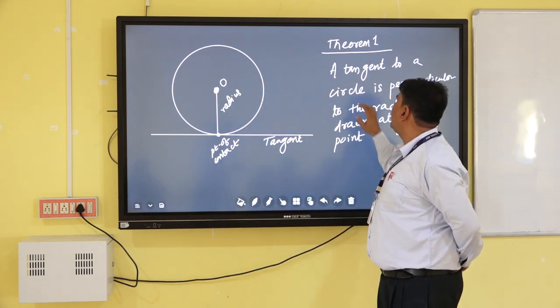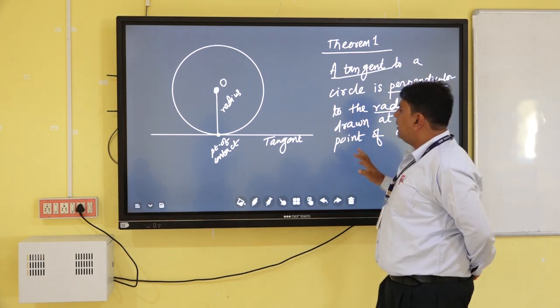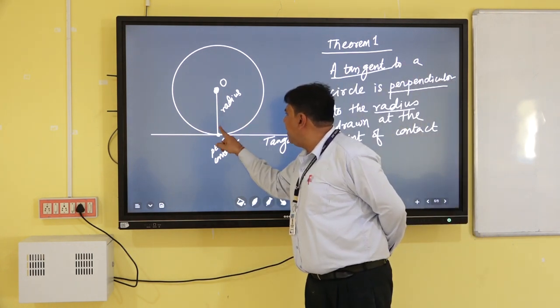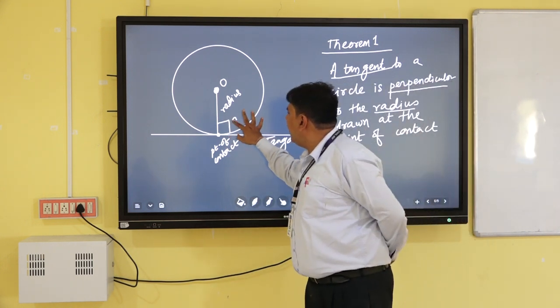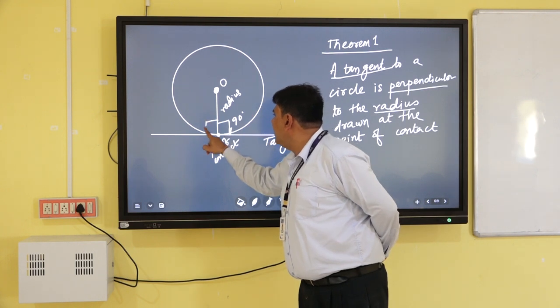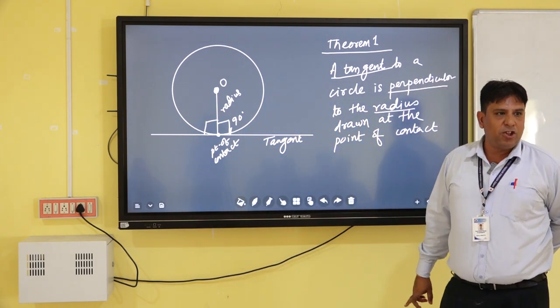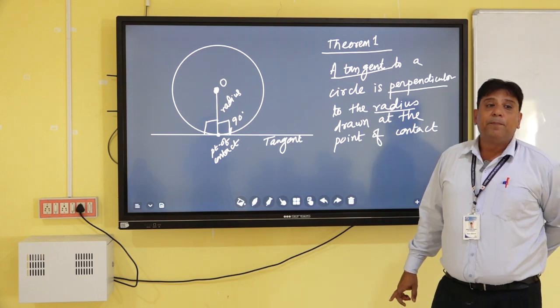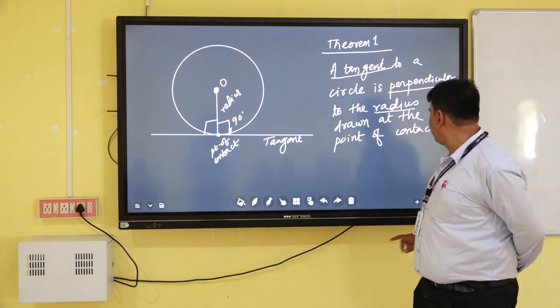Now what is my theorem saying? A tangent is perpendicular to the radius. That means tangent and radius are perpendicular to each other. This angle is 90 degrees, and this angle is also 90 degrees. This is my first theorem: a radius is perpendicular to the tangent at the point of contact.